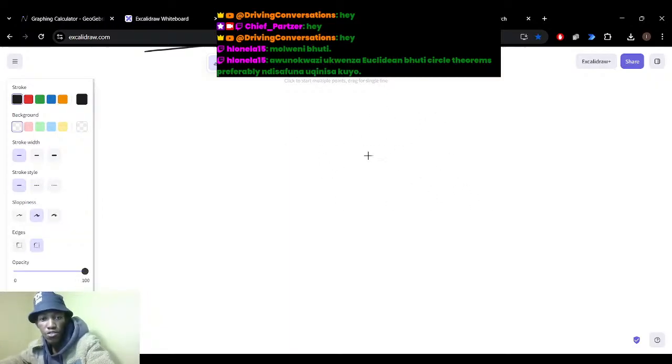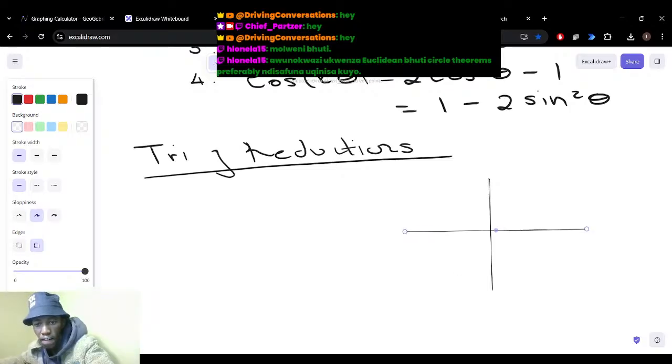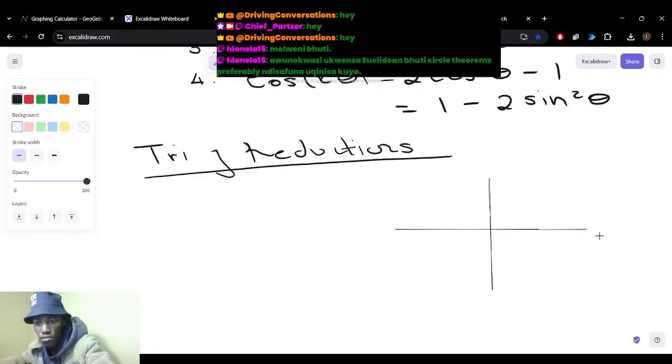So let's first draw a plane. Okay, rather this is not a Cartesian plane. A Cartesian plane is like xy, but I forgot what it is called, but it's not a Cartesian plane.